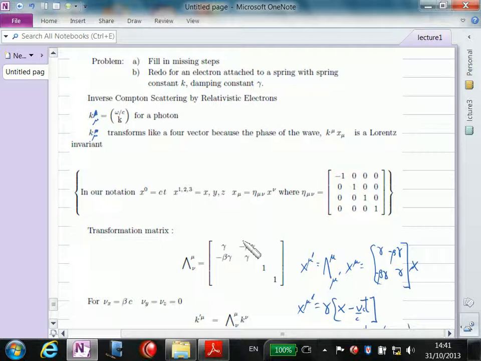Oh, right. Oh, I see what you mean. Yeah. Right. So this is prime and this is unprime. Because if you want to make the unprime go away, you have to have one bottom and one top.